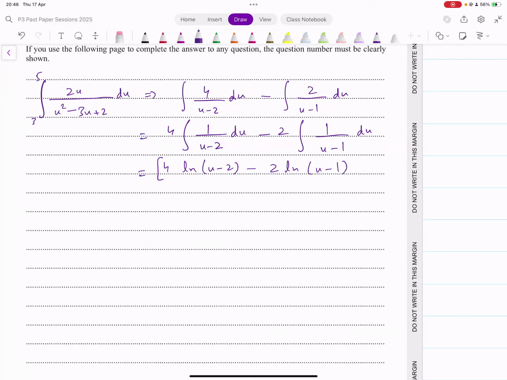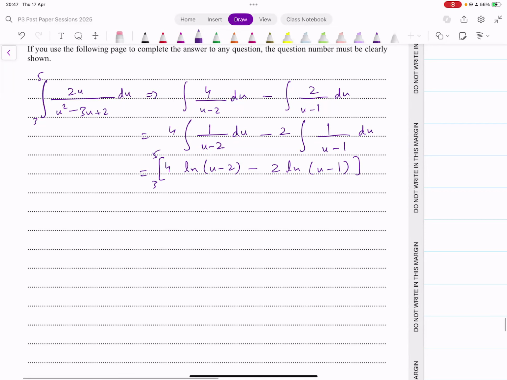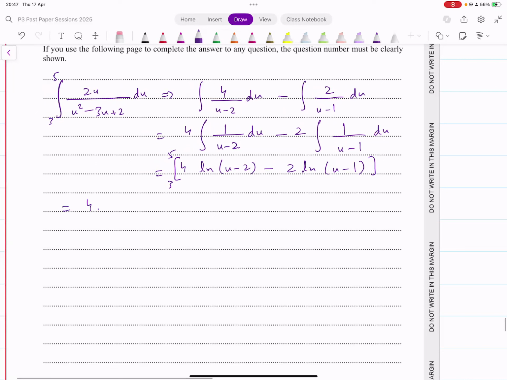Now you input the limits. Limits are from 3 to 5. You input 5 in this one, then you input 3 in this, and then you simplify that. Input 5, and that gives you 4 into ln of 5 minus 2 minus 2 into ln of 5 minus 1.